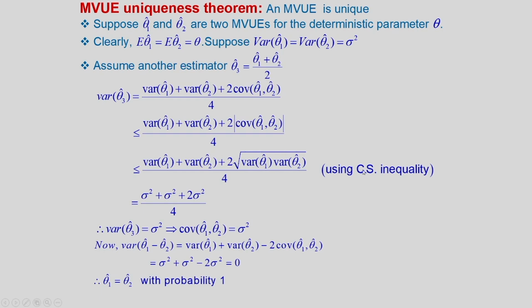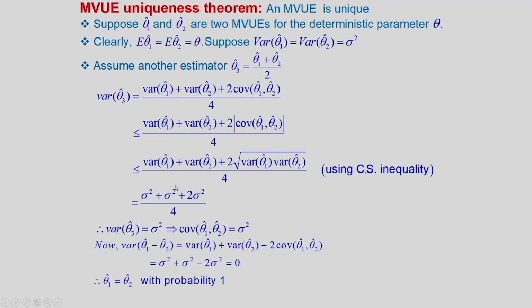Now, we will apply the Cauchy-Schwarz inequality. Then this expression will be less than or equal to variance of theta 1 hat plus variance of theta 2 hat plus 2 times square root of variance of theta 1 hat into variance of theta 2 hat, because the magnitude of the covariance of theta 1 hat, theta 2 hat is less than or equal to square root of variance of theta 1 hat into variance of theta 2 hat.